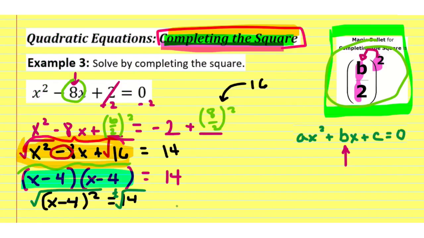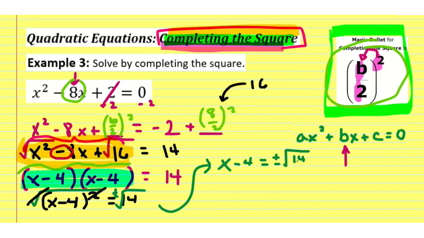And now let's move this up here just a little bit. I'm going to end up with x minus 4 because what happened? My square root canceled out my square. It left me with just the expression x minus 4. And that is going to be equal to plus or minus the square root of 14.